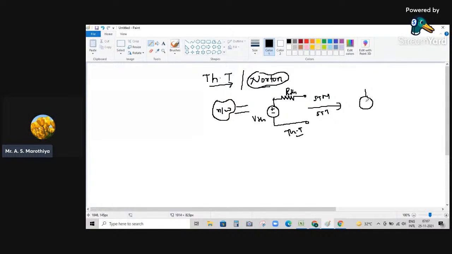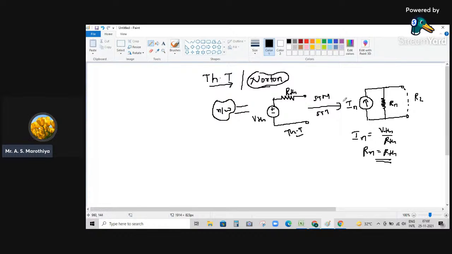So it is something like this. It is going to be a current source, in parallel with that we indicate its internal resistance, and here we connect a load, say RL. Now this is going to be IN and this is going to be RN, where IN is the equivalent current source of the given network, which we can write as VTH divided by RTH, and RN is going to be equal to RTH.